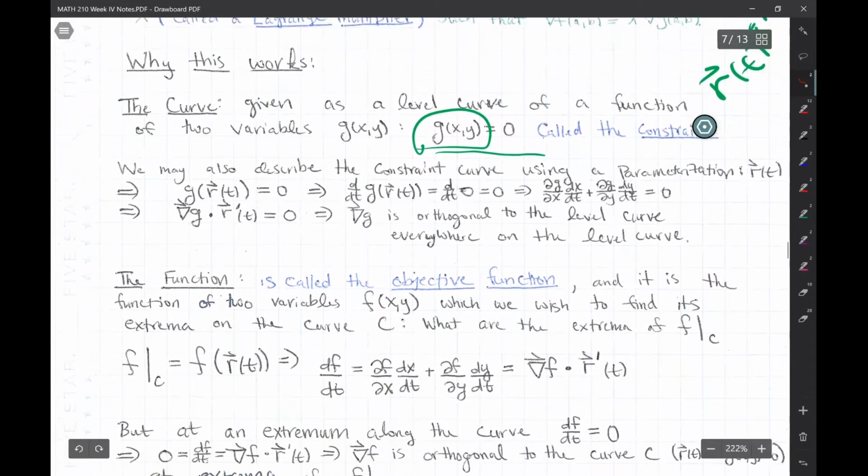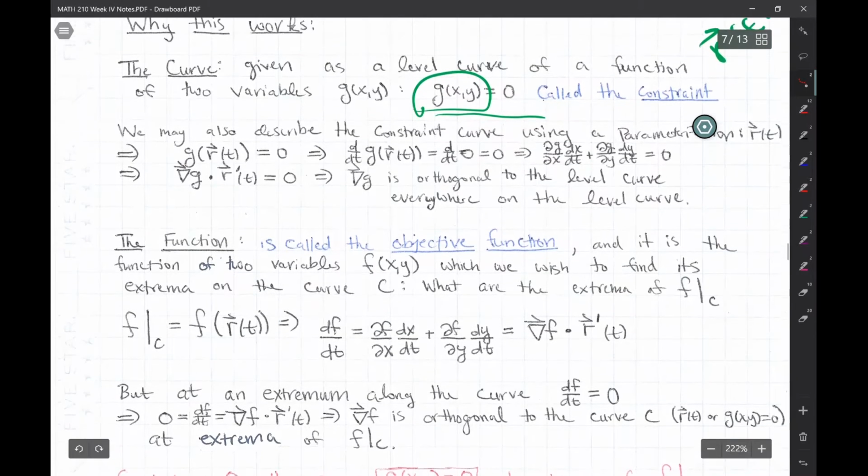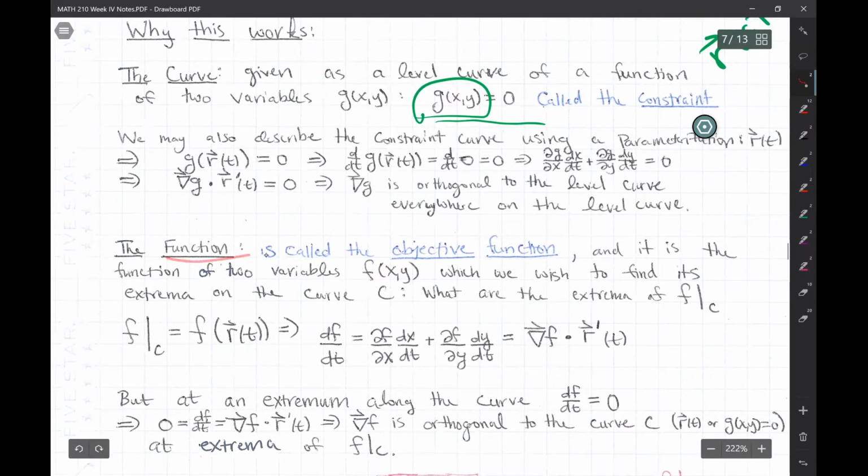That's one fact that we need to remember. So let's now take a look at the second component of why this works, which is the function f, okay? We call it the objective function, and it's the function of two variables for which we wish to find the extrema on the curve C, okay? So what we could do now is take the parameterization of this constraint, r of t, and plug it in.